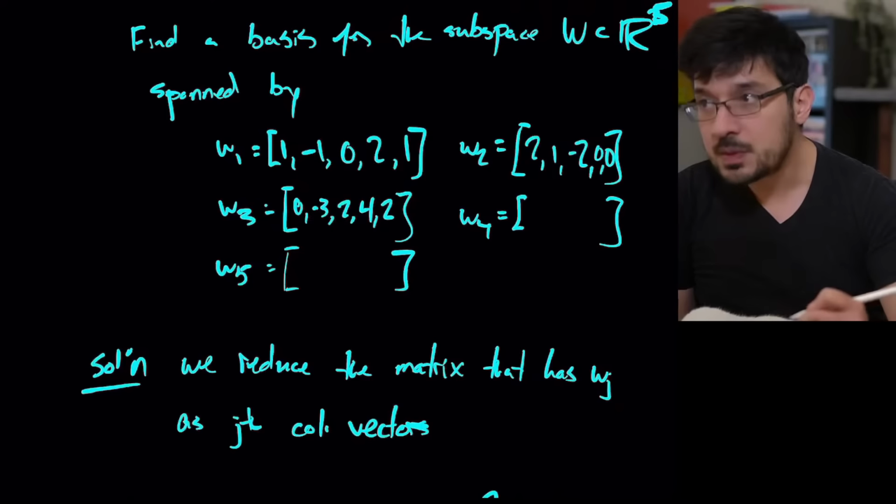2.2.6 says A, find the rank of the matrix. B, find a basis for the row space of the matrix. Part C, find a basis for the column space of the matrix. And D, find a basis for the null space given by this matrix.